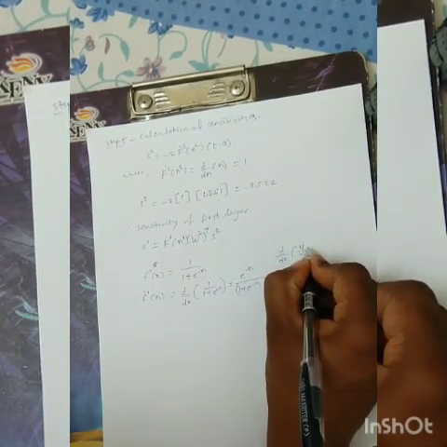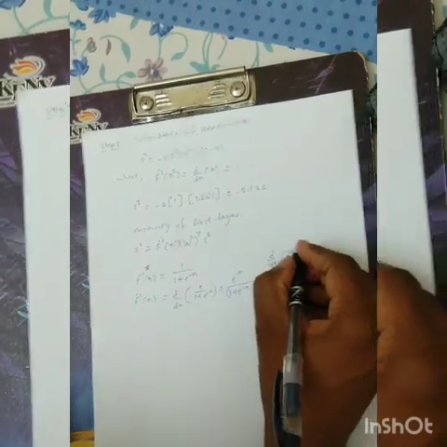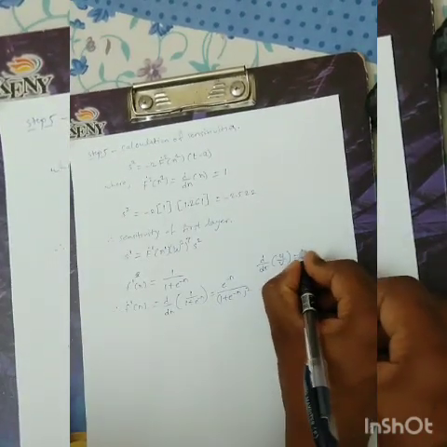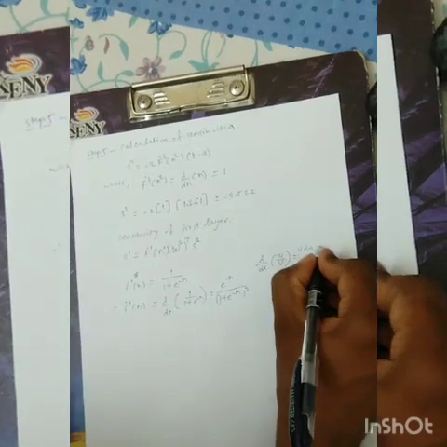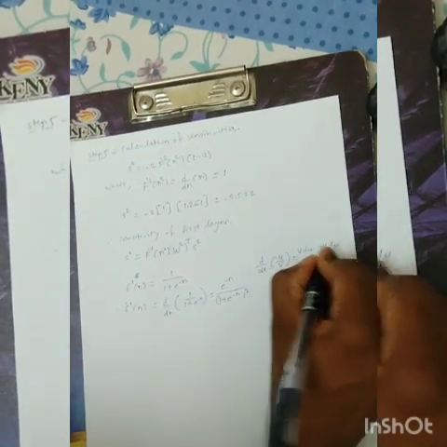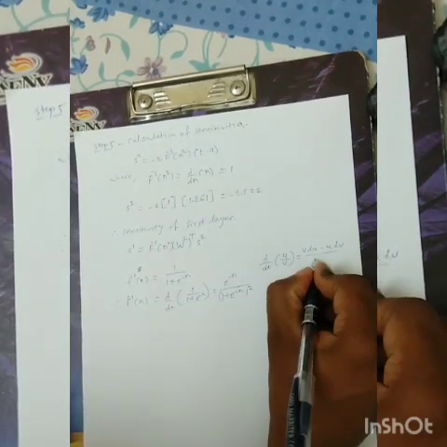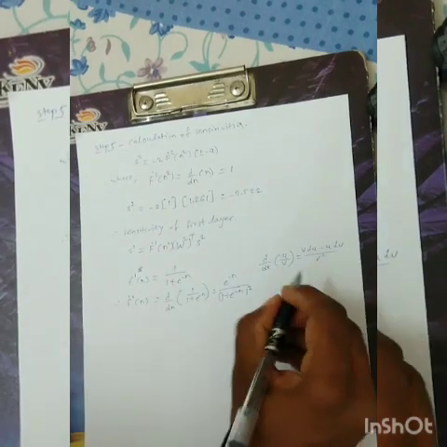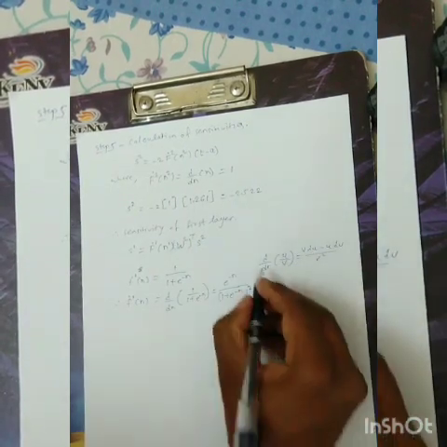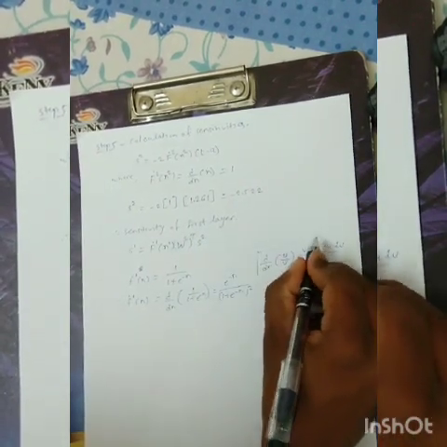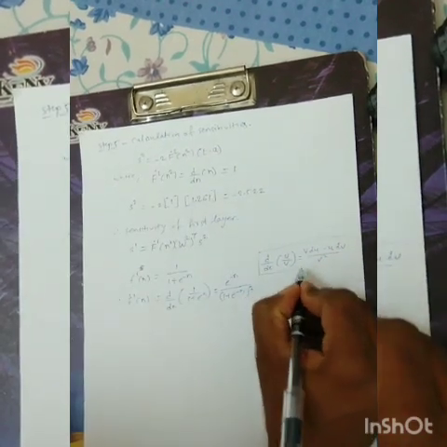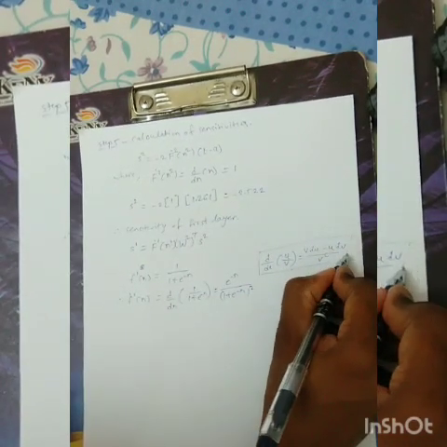Division formula, u by v, is equal to v into du minus u into dv divided by v square. If you use this formula, then you can calculate the derivative of log sigmoid.